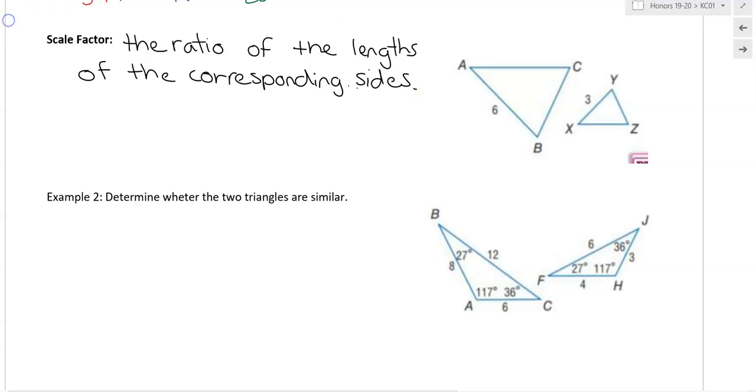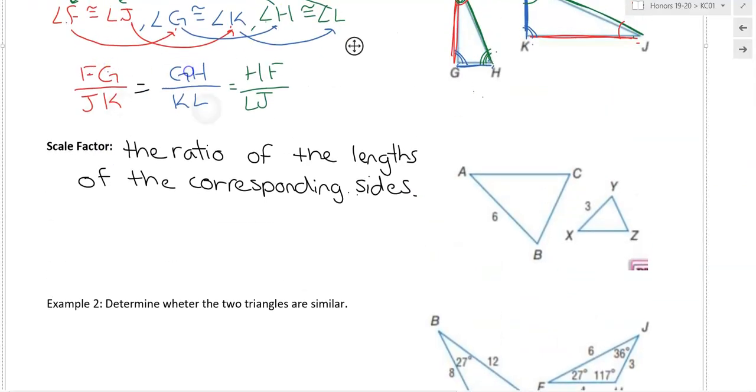Okay, so if you do what we did up here, where you set all these ratios up, whatever this simplified to, that would be your scale factor.